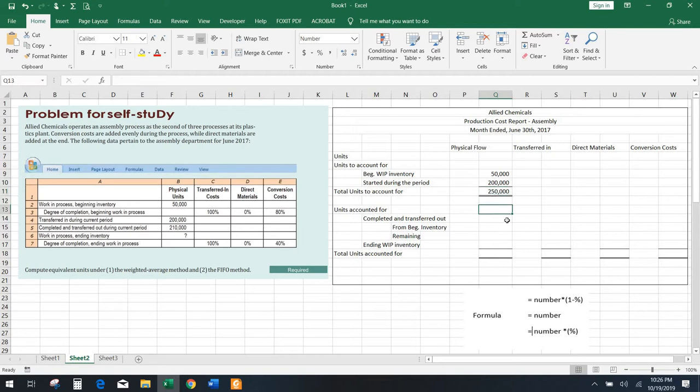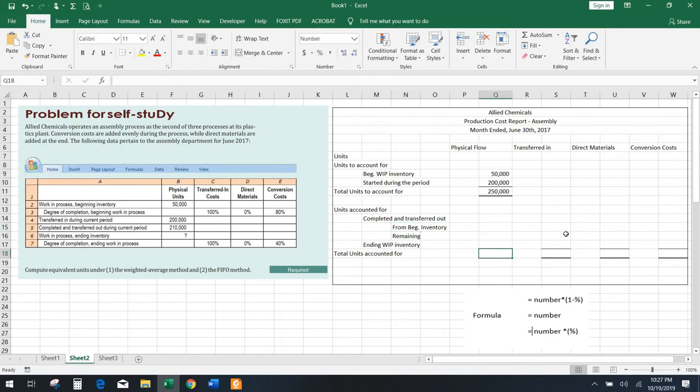Okay, so now because we're using the FIFO method, we have to differentiate between how many of those units were from the beginning inventory, how many were from the remaining, and then right here they don't tell us how many were in the ending inventory, but we can figure it out.